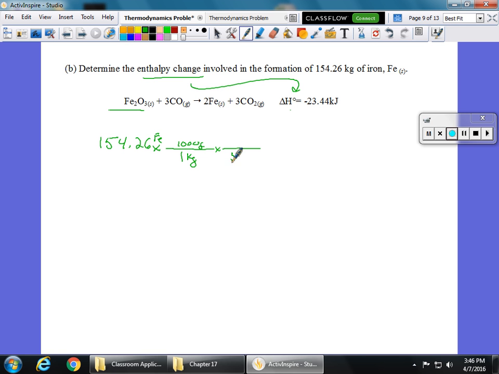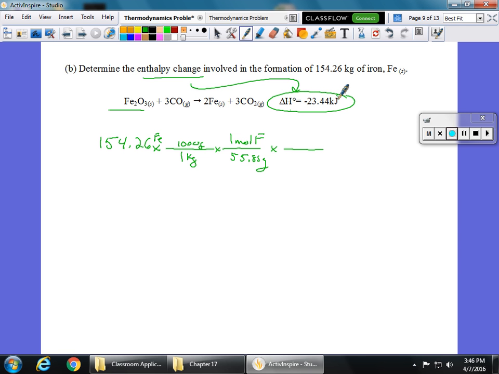We have 55.85 grams per mole of iron. Now you could stop there and just write down the moles of iron, but that's probably 1 point out of this 2-point problem, correctly getting the amount of iron. We need this relationship right up here.